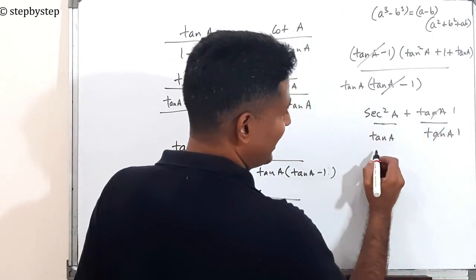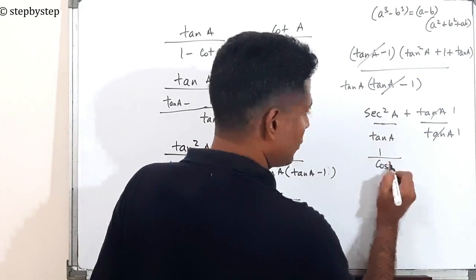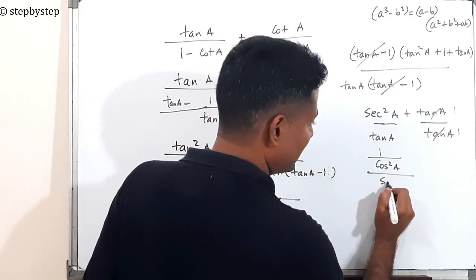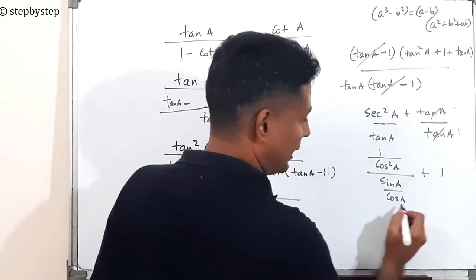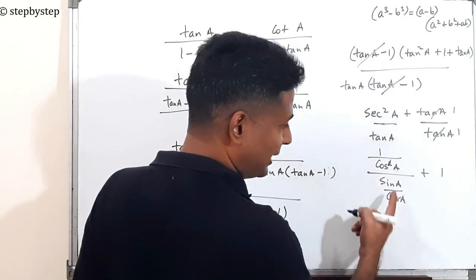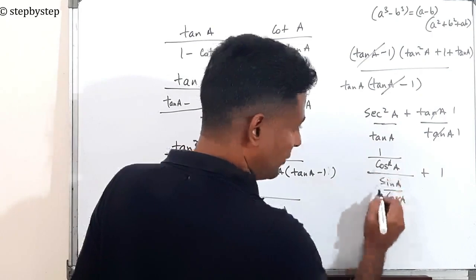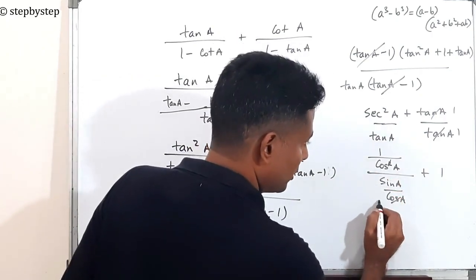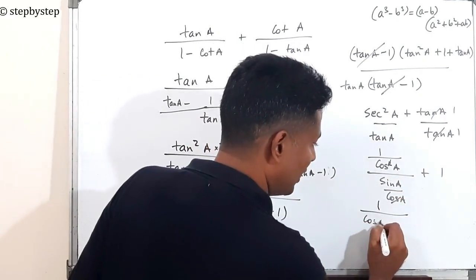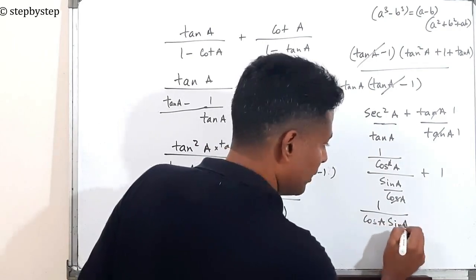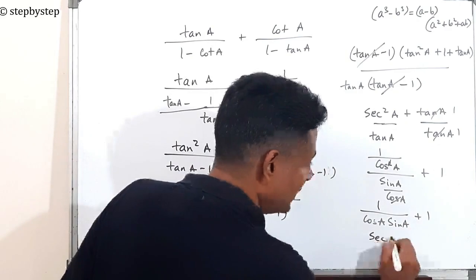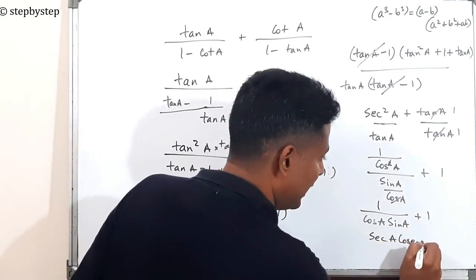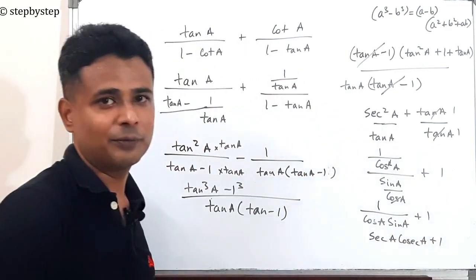Now secant square I can write as 1 by cos square A, and by tan A, which is sin A by cos A, plus 1. One cos goes, and the other cos will come down. So it becomes 1 by cos A sin A plus 1. Now this cos A sin A, when it goes up, it becomes secant A cosecant A plus 1.